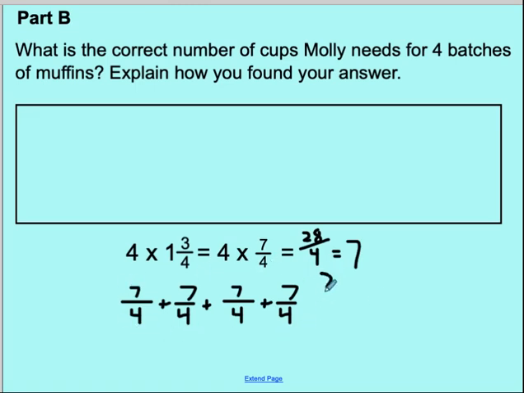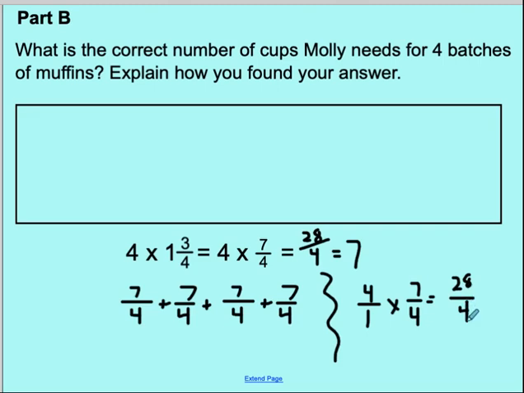You'd rather look at it as the multiplication. So you could write 4/1. That's the same as 4 wholes times 7/4 equals 28/4. So we get the same thing, 28/4, which is also equal to 7.